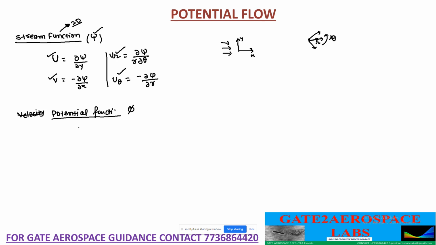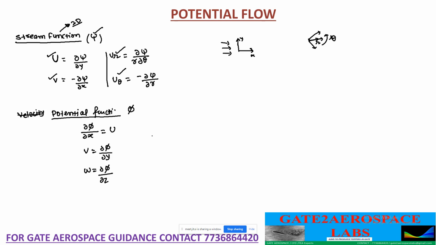Potential function, if you partially differentiate it with respect to x, you will get the velocity in the direction of x. Similarly, if you partially differentiate this phi with respect to y, you will get the velocity in y direction, and partial differentiation of phi with respect to z will give you the velocity in z direction.